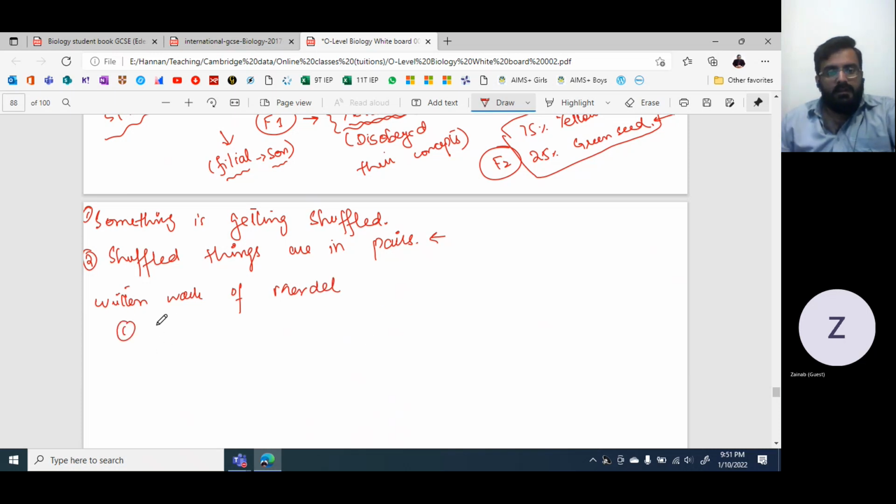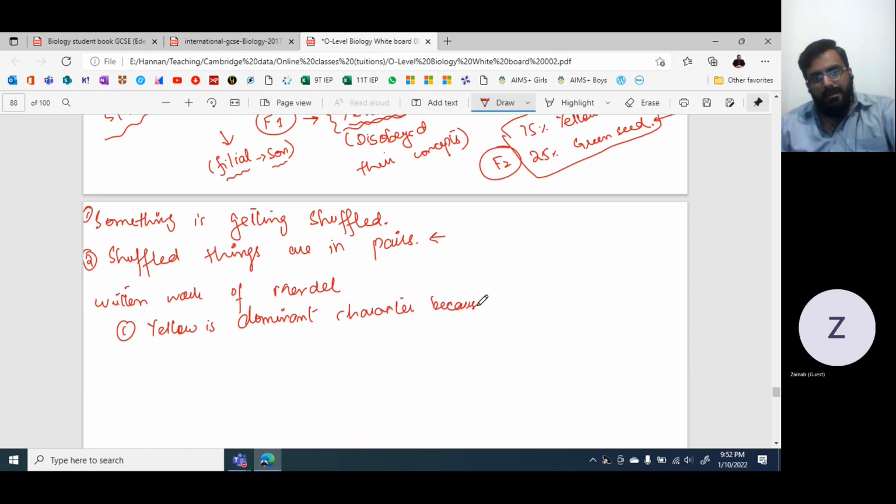Number one, he said that yellow is a dominant character because it is appearing in 75% of population of F2.